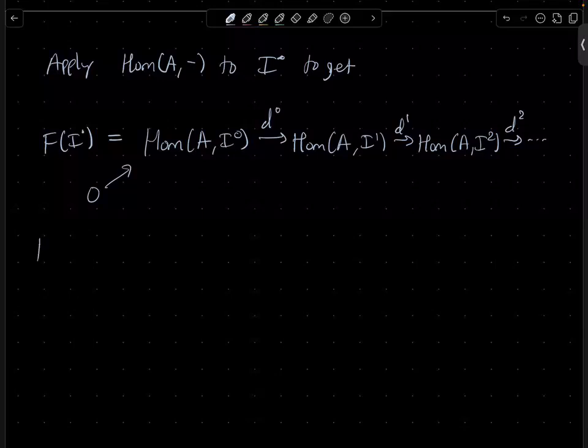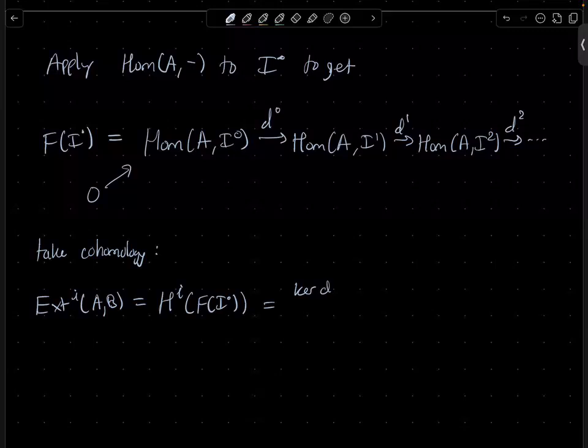And now take cohomology to get the Ext groups. So Ext i A B is equal to the cohomology H i of this cochain complex F of I bullet, which is kernel D i mod image D i minus 1.